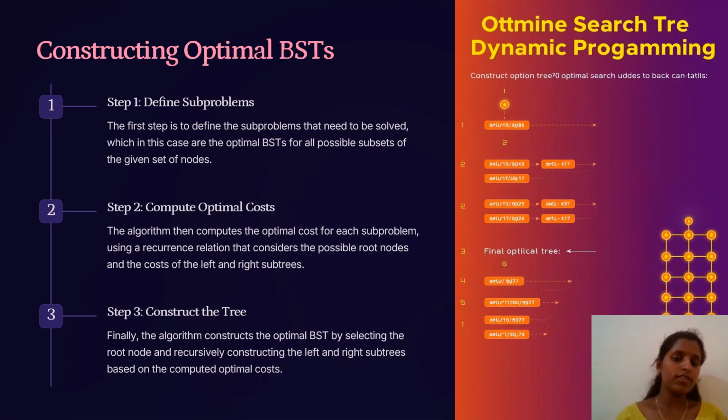The algorithm then computes the optimal cost for each subproblem using a recurrence relation that considers the possible root node and the cost of the left and right subtrees. Step 3. Construct the tree. Finally, the algorithm constructs the optimal binary search tree by selecting the root node and recursively constructing the left and right subtrees based on the computed optimal cost.